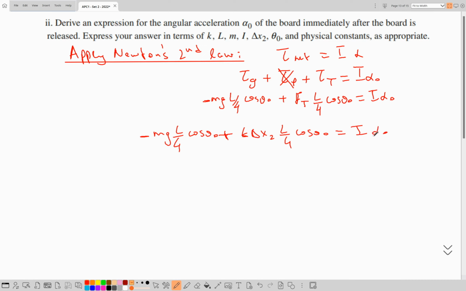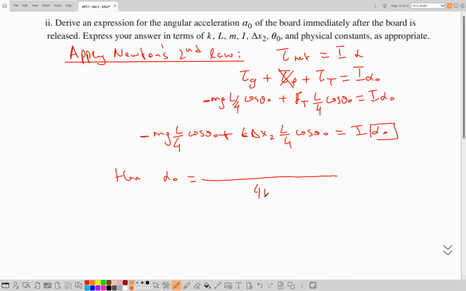Now we're interested in alpha 0. Then alpha 0 in this case, now everything is divided by 4 and it's divided by I as well, so we can open a big fraction.